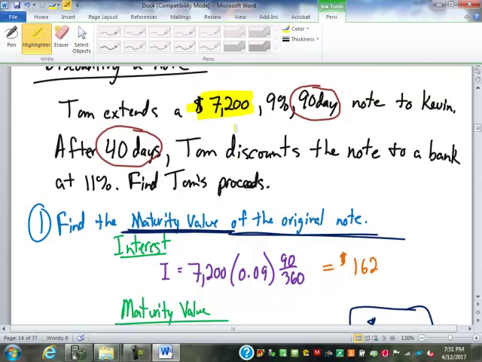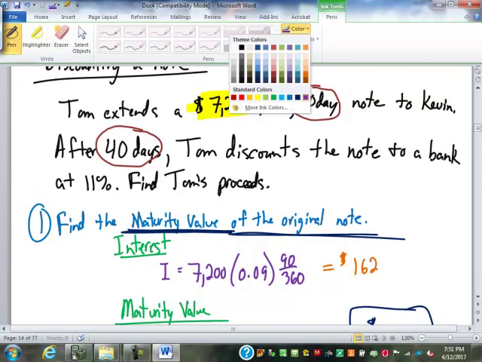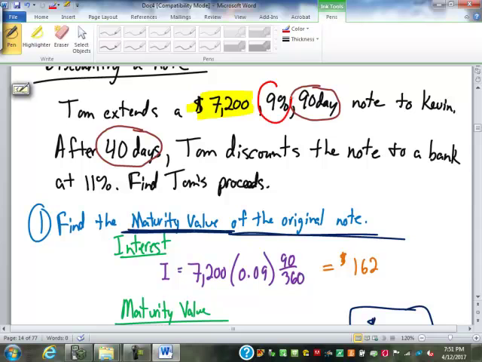There's two things going on here. First of all, in this first example, the rate of the original note and the discount rate were closer together. And I think 9 to 11% is a big jump, but it's not huge. Second, in this first note, Tom had held it for 40 out of the 90 days. That's close to half of the time.